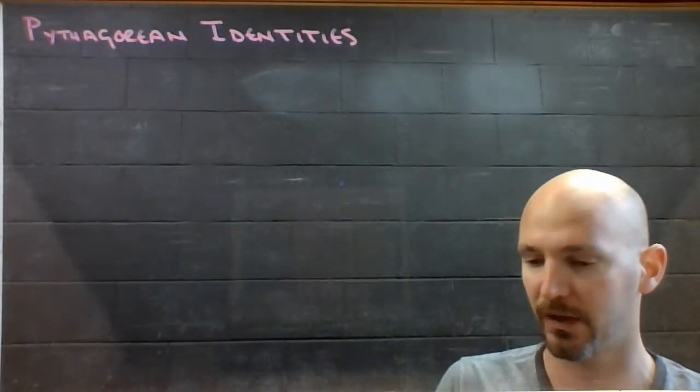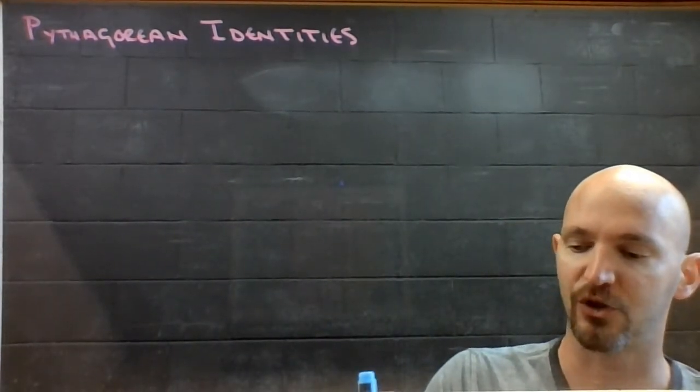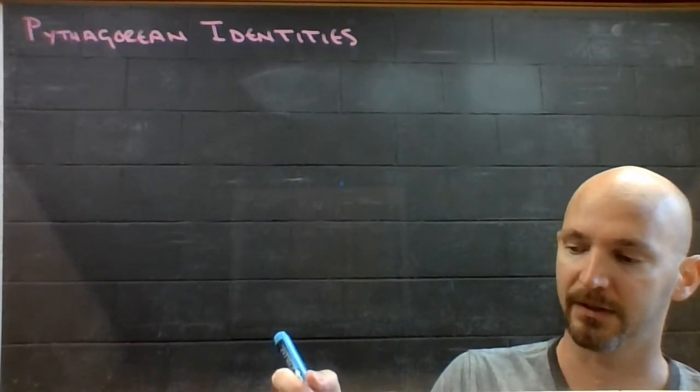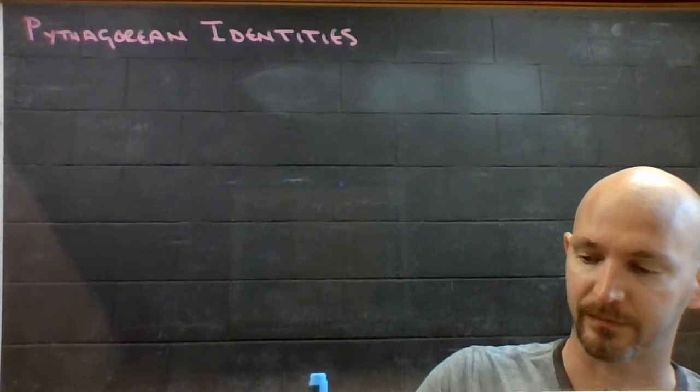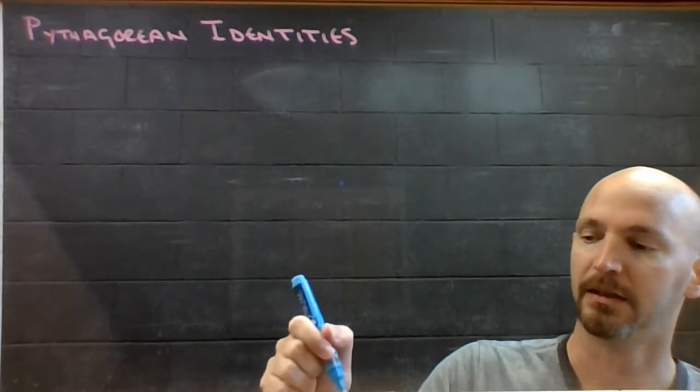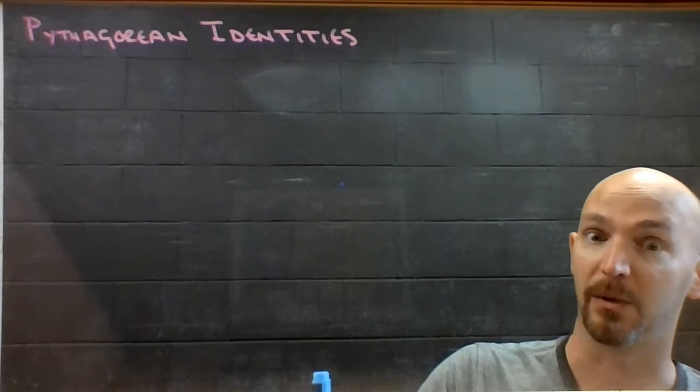So the two identities that you should have learned about in grade 11, as I wait for my blue marker to work here. Come on. It's been a while.